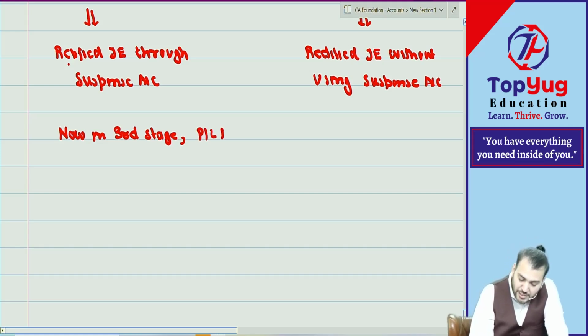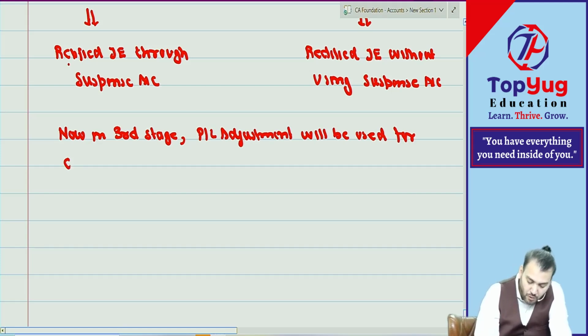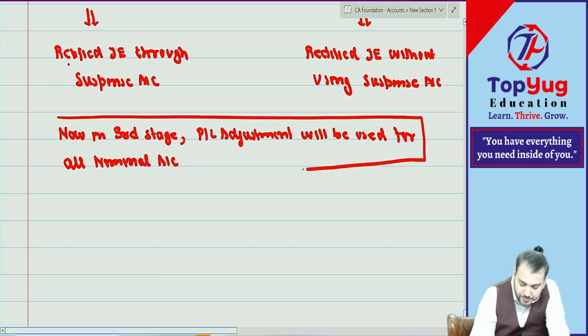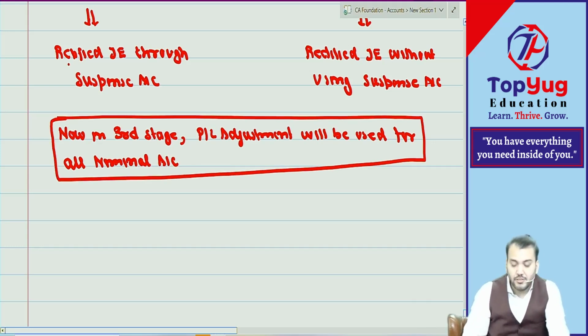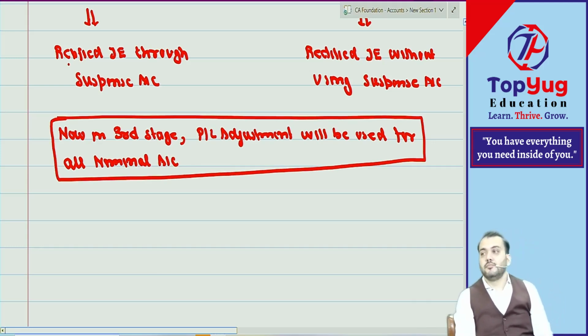Profit and loss adjustment account will be used for all nominal accounts. This is the special point. Understood? Correct?